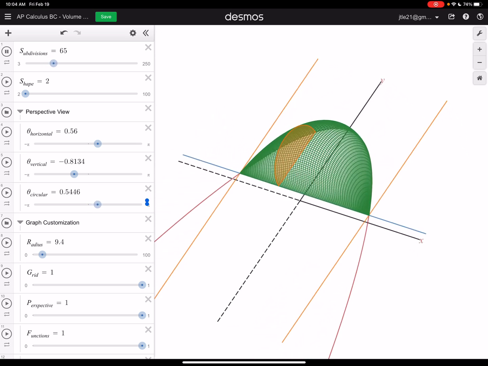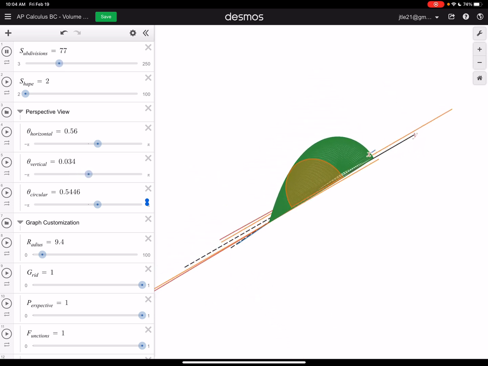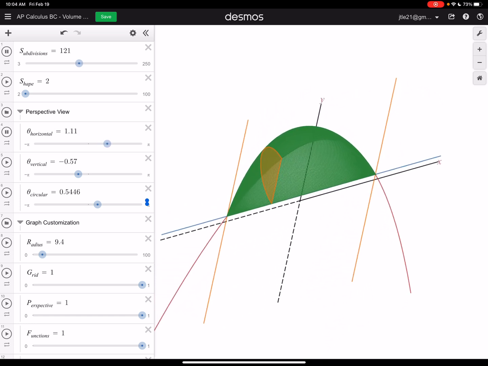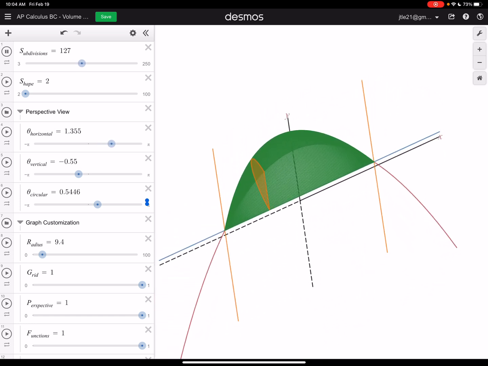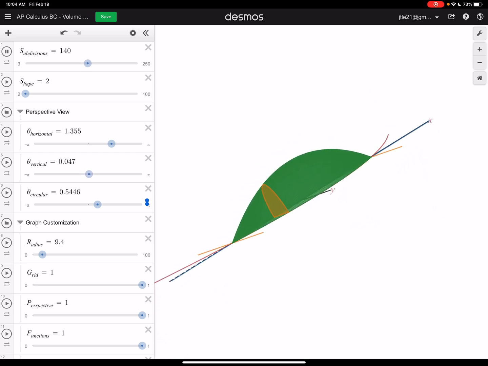But what I do want to note to you guys is that the bottom is flat. So we're not revolving this like the last lesson, okay? So notice how the bottom is always flat here. So with volumes of known cross sections, it's a little bit different.